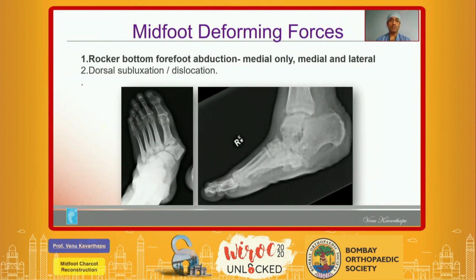If you look at the rocker bottom forefoot abduction type, the disease initially starts in the midfoot that results in collapse of the medial column, as the disease process starts in the medial column of the midfoot, and that lengthens the medial column, pushing the forefoot into abduction. As a result, the resultant forces of the pull of the musculotendinous units also exaggerate the deformity in that plane.